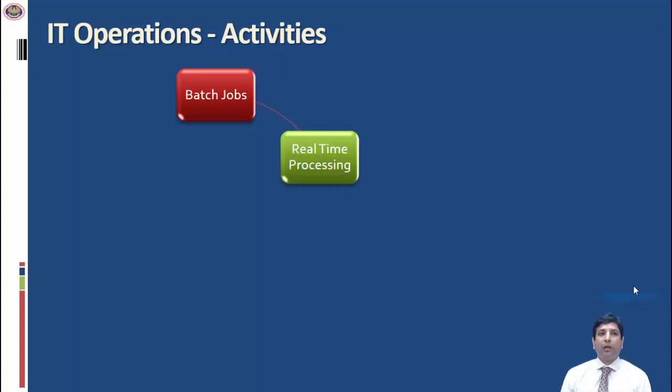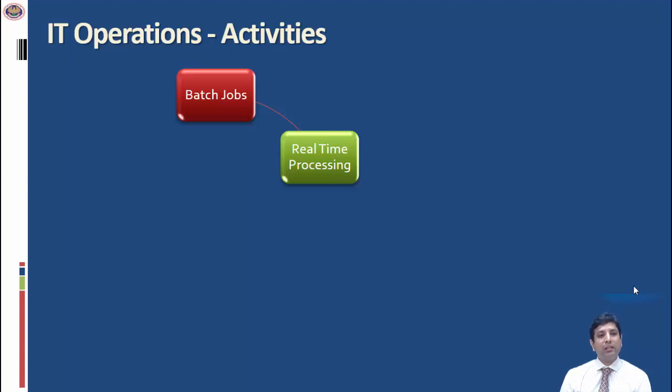The other activity under IT operations is the real-time processing. Real-time processing basically refers to the online processing of transactions, wherein transactions are initiated, processed, and recorded immediately as and when they happen without any delay in the processing of the transaction.